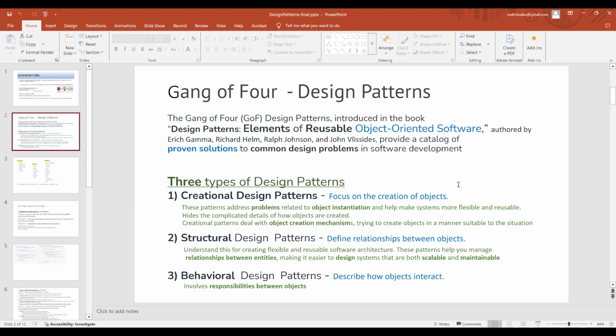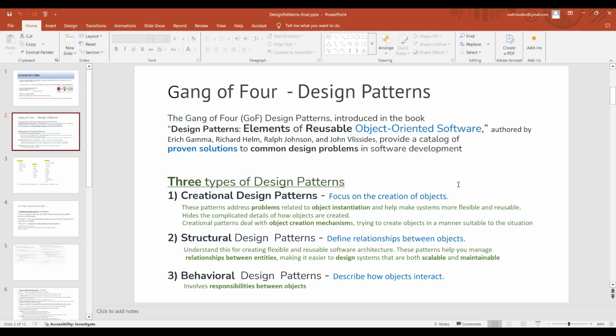The next slide, I actually want to give you some theoretical idea about the Gang of Four design patterns, right? When we talk about design patterns, everywhere we will come across a term called Gang of Four. It's actually four guys. Okay, the Gang of Four design patterns were introduced in a book called Design Patterns: Elements of Reusable Object-Oriented Software.